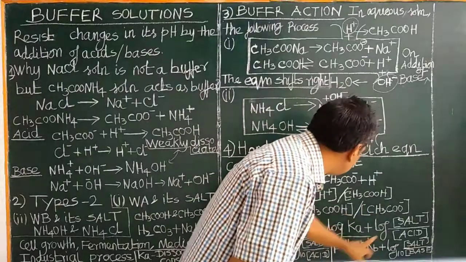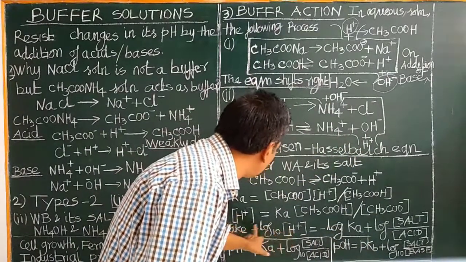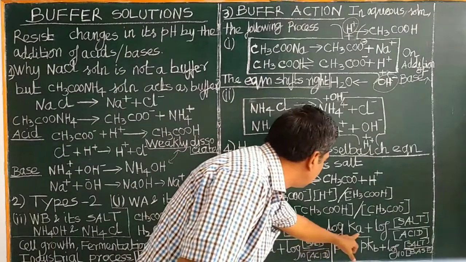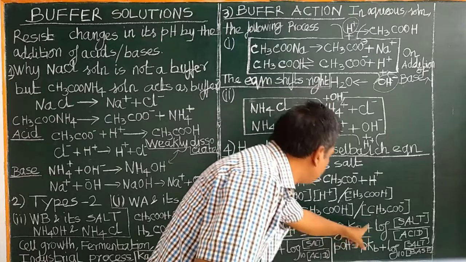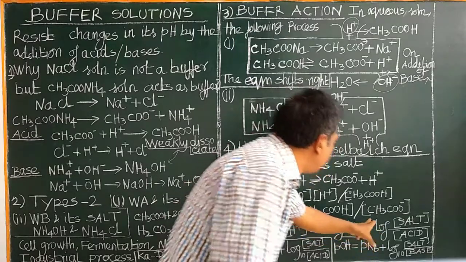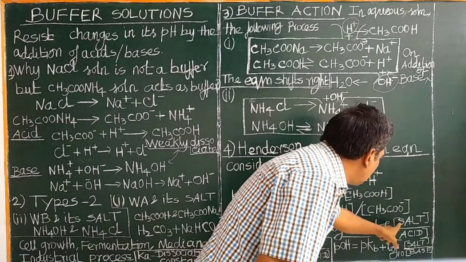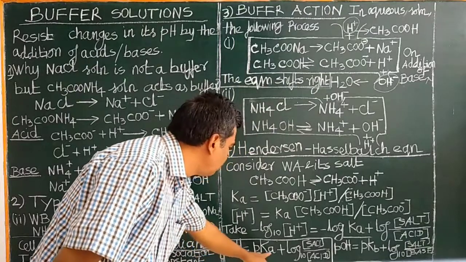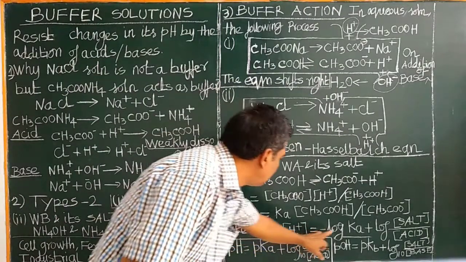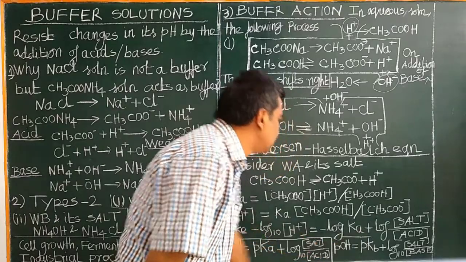Taking the negative logarithm to the base 10 of H plus ion and of Ka, and interchanging the log to change the sign, we get plus log of salt concentration divided by acid concentration. Therefore, pH equals pKa plus log to the base 10 of salt by acid.